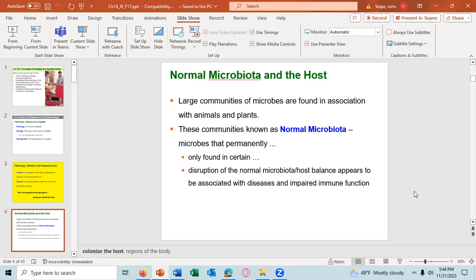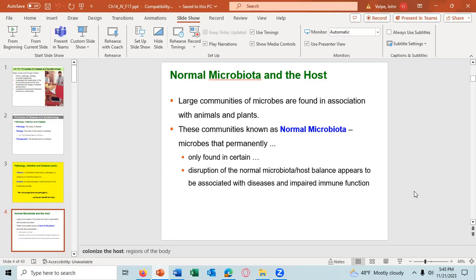However, later on, especially as the patient ages, their immune system will weaken. And then the normal microbiota may grow when it shouldn't grow, or it may not be able to keep out all human pathogens. The important part is disruption of the normal microbiota host balance appears to be associated with diseases and impaired immune function.